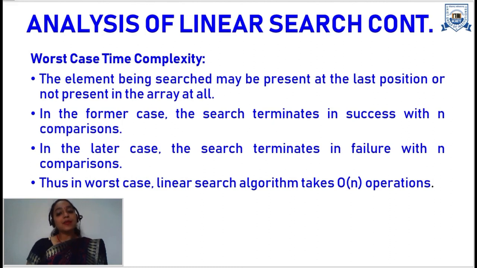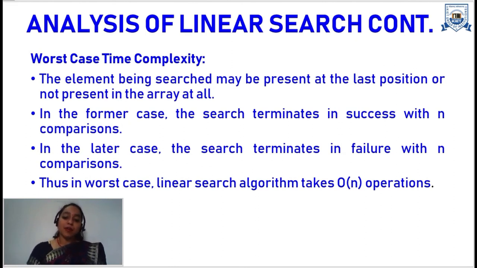So the worst case can be that the element was present in the last position, or maybe the element was not at all present in the array. If the element is present in the last position, then also we are required to make n number of comparisons. And if the element was not at all present in the array, we can say this only when we have compared with each and every element, and now we are sure that yes, x is not present in the array.